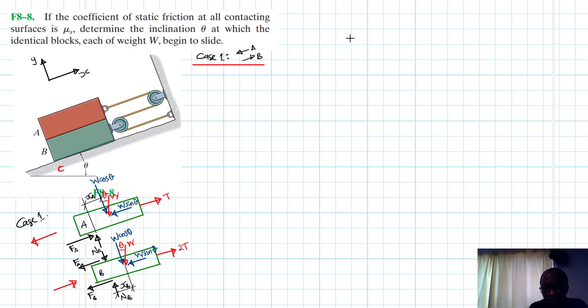So let's start working on case 1. Let's start with summation of forces in the Y. Of course, let's go to block A.